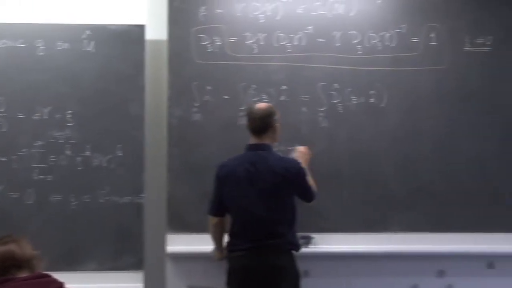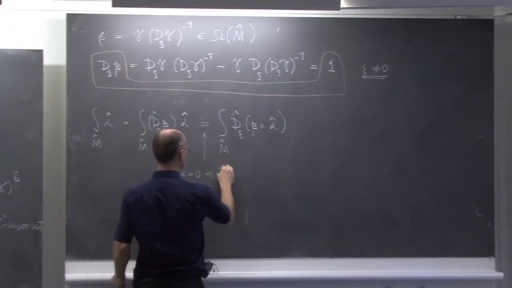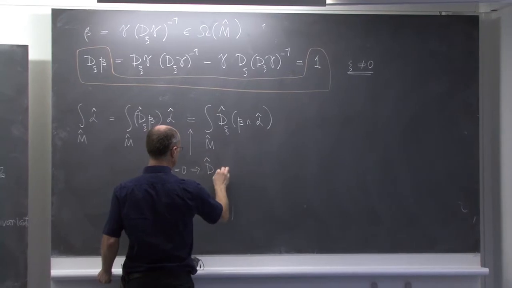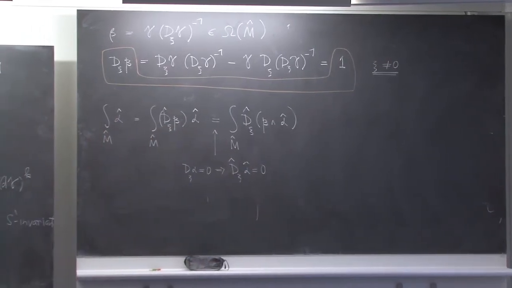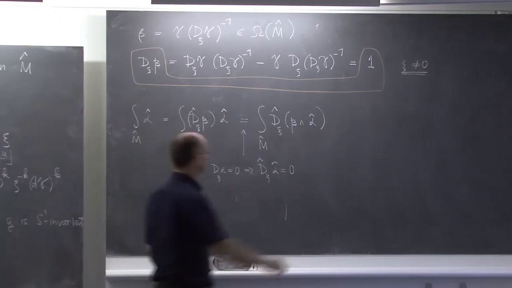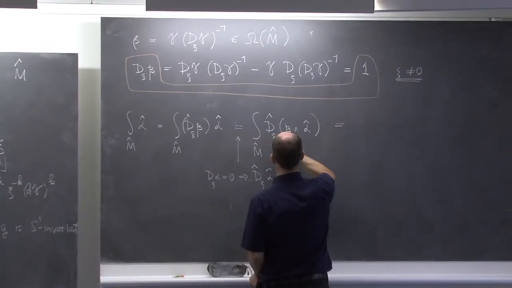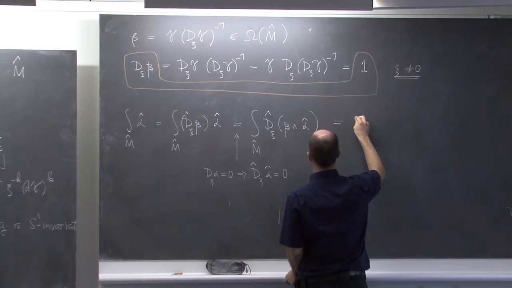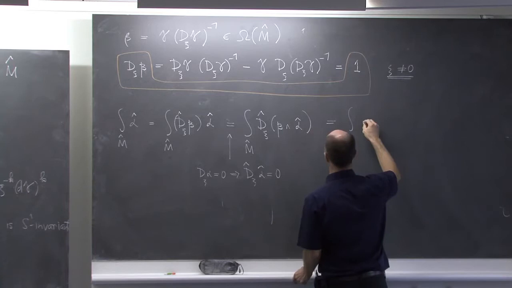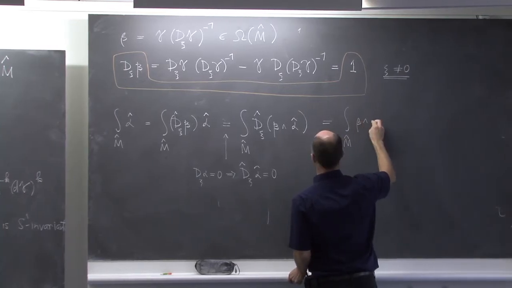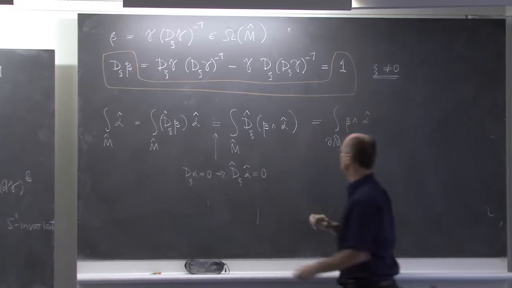That's because d psi alpha implied d hat alpha hat equals 0. Well, now we use the Stokes formula. So that's the integral of the boundary of m hat of beta wedge alpha hat.